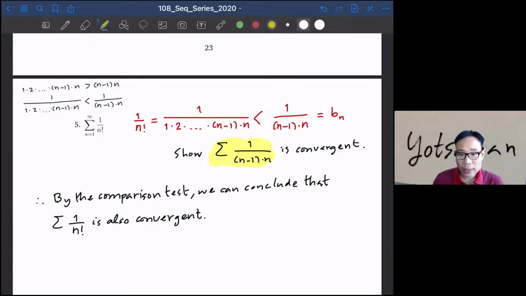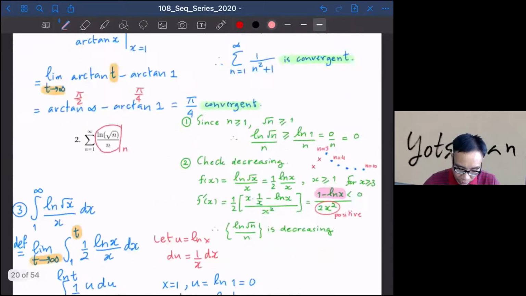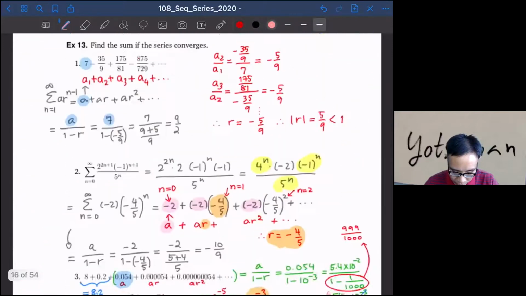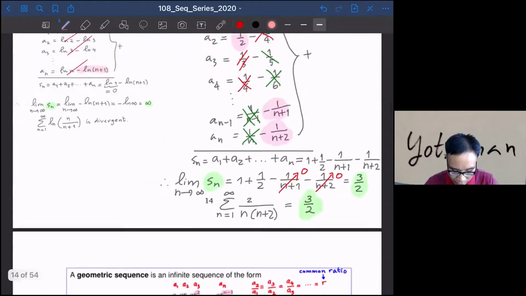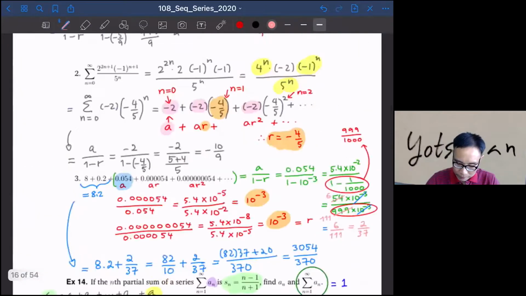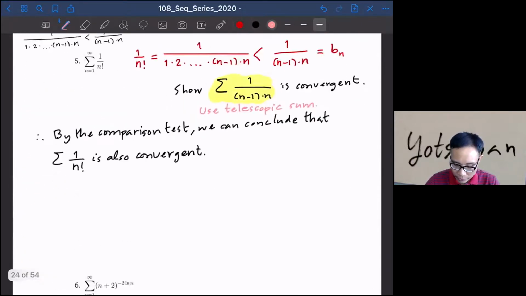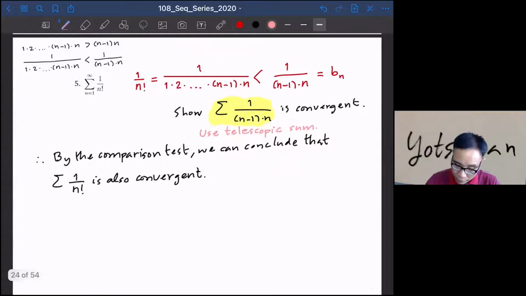I hint that you should use the telescoping sum. The telescoping sum is on page 14, example 12. So you have to go back to example 12.